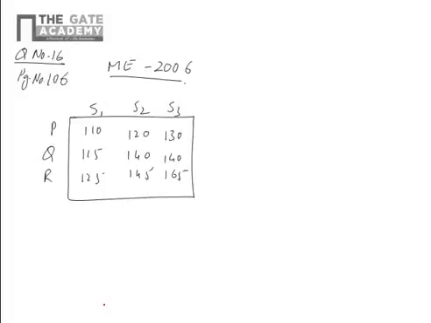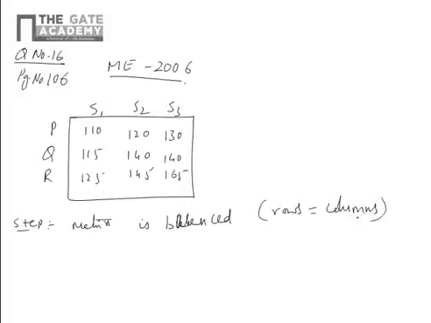It is already a square matrix, so it is balanced. Rows equal to columns. It is a minimization problem, so that is also checked.